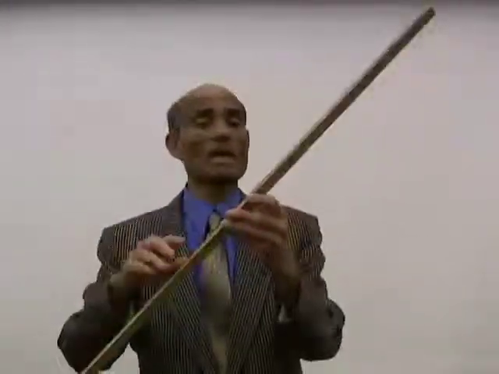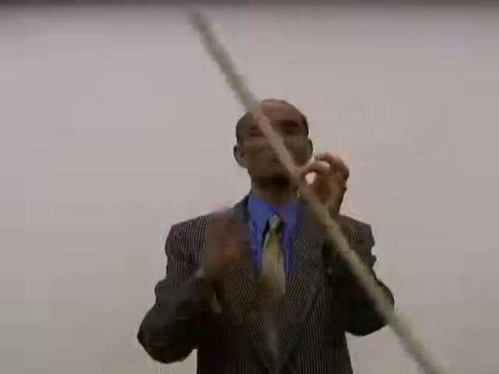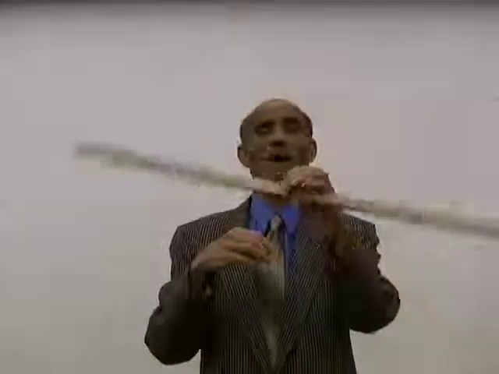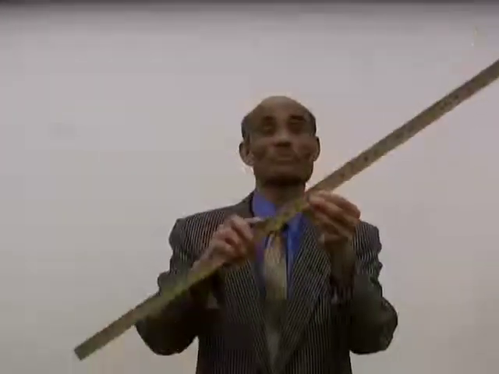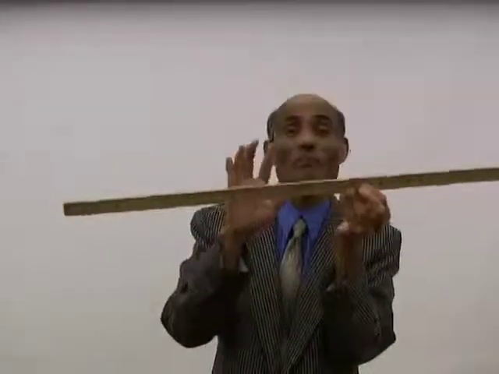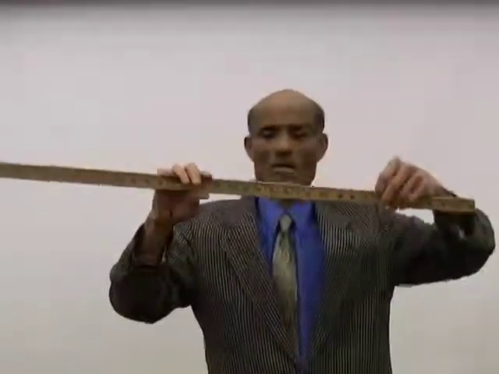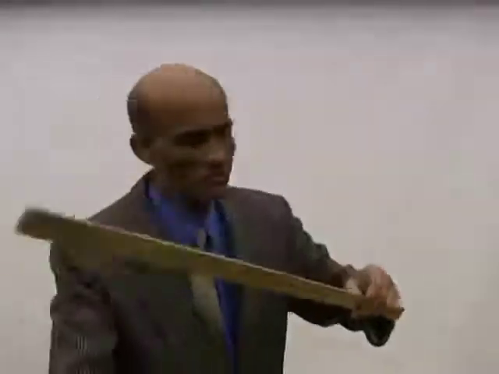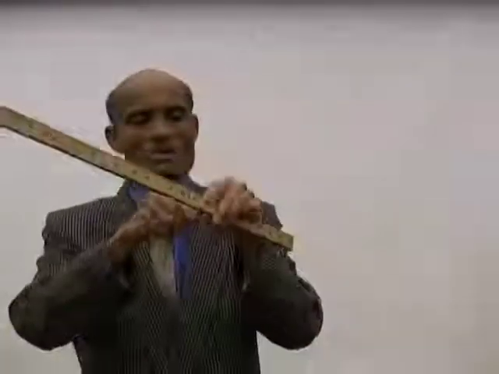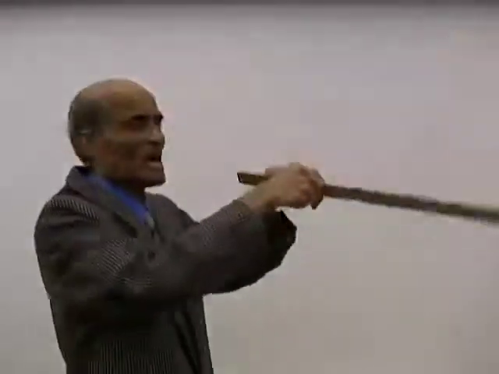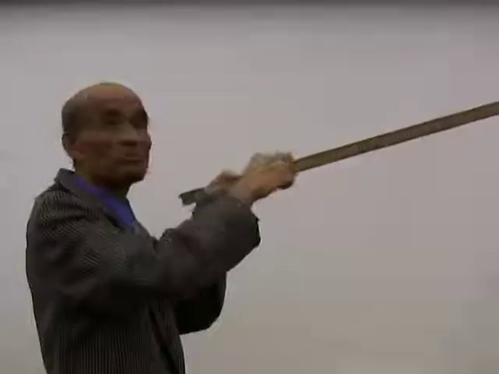Now look at the meter rule here. I can rotate this meter rule very easily about its center of mass. That means its moment of inertia is the least about its center of mass. Now, suppose I want to rotate this ruler about an axis passing through this point.